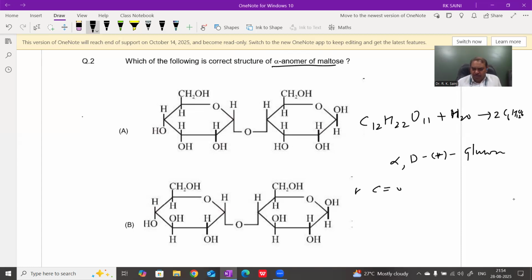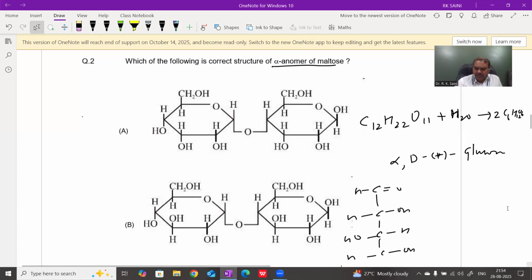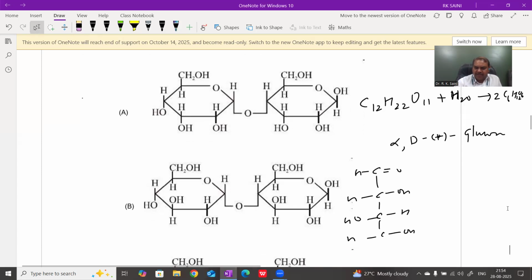First, we write the open chain structure. It is the structure of D glucose. First, we write the open chain structure of glucose.